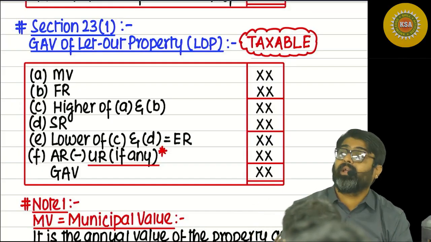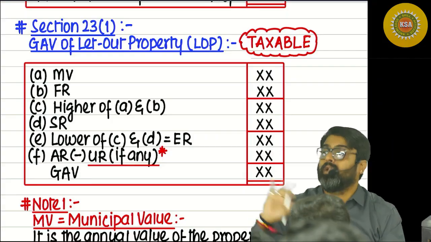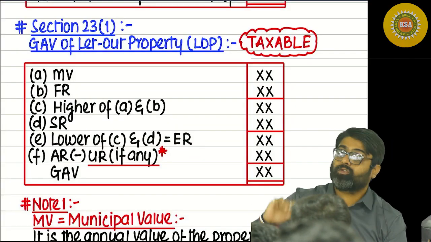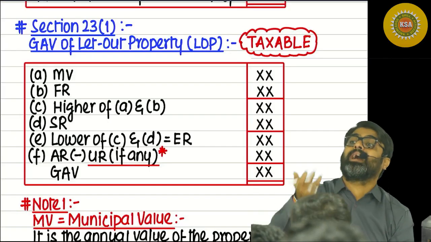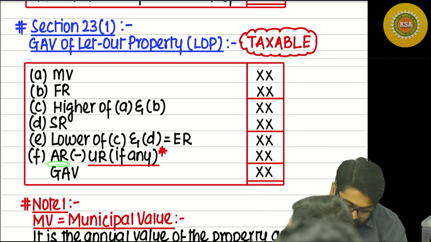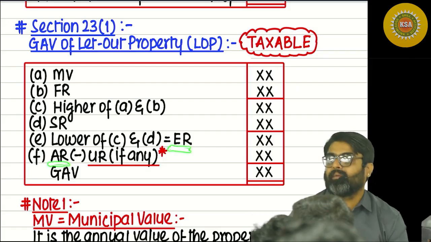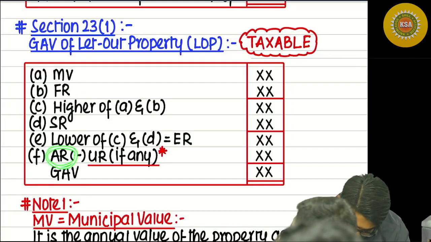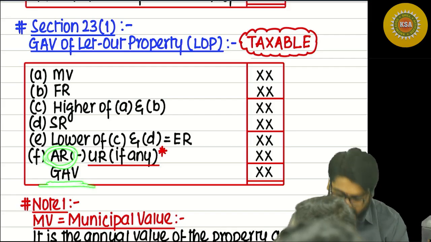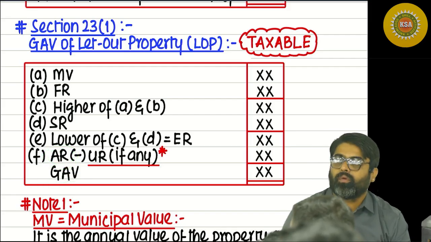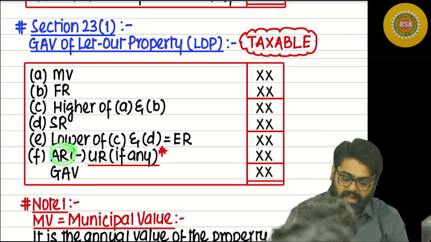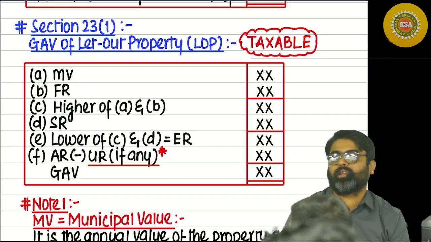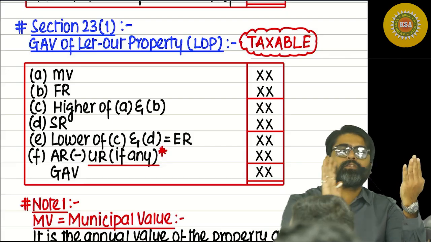But we'll add vacancy rent only if actual rent is less than expected rent. If even with vacancy, the actual rent is equal to or higher than expected rent, then take the actual rent only as your GAV. But if the actual rent is less than expected rent, then we will add the vacancy rent: actual rent plus vacancy rent.